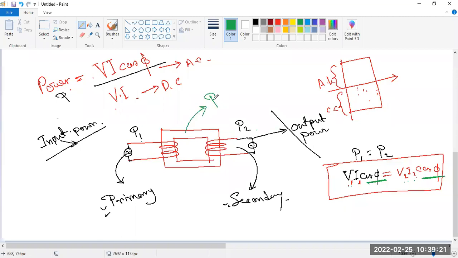Just remember, the power factor and the frequency are unchanged. So this is all about the answer to what, meaning the definition.